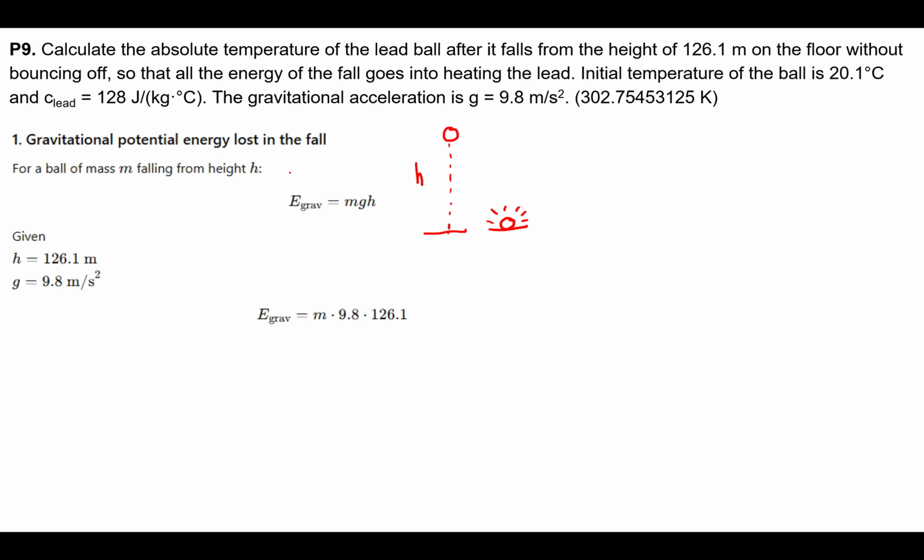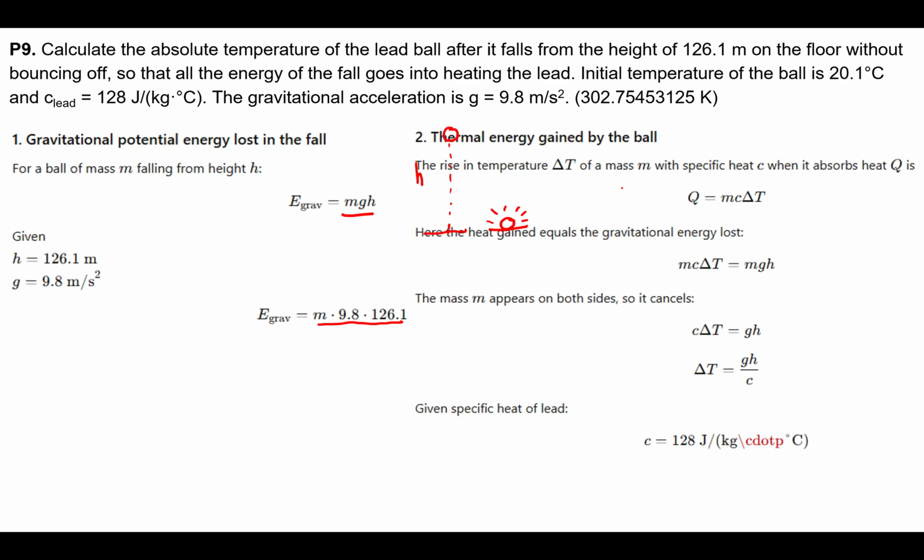Okay, so let's find the potential energy. Obviously this is mgh. So we get this gravitational energy, and this is going to be changed to heat transfer, and Q should be mc delta T. We know what Q is, it is nothing but this.